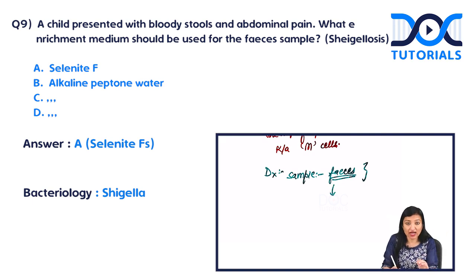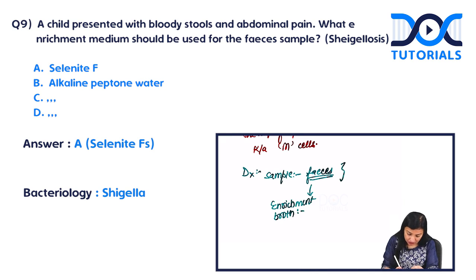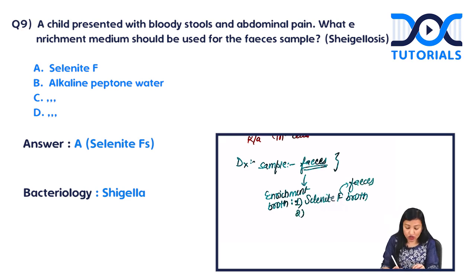How are we going to do that? You have to inoculate the fecal sample in the enrichment broth first. Enrichment broth, that is, you can use selenite F broth. Remember, F stands for feces. Or you can go for gram-negative broth.